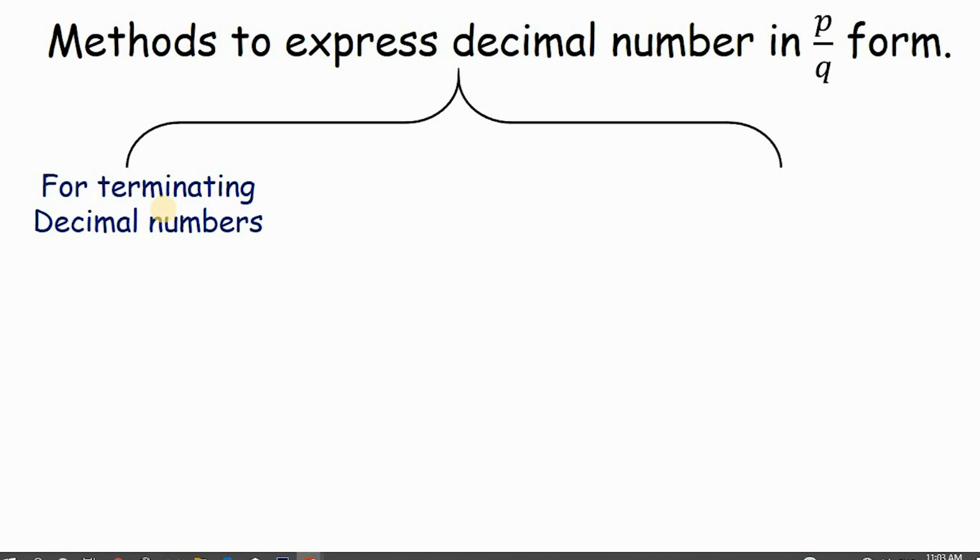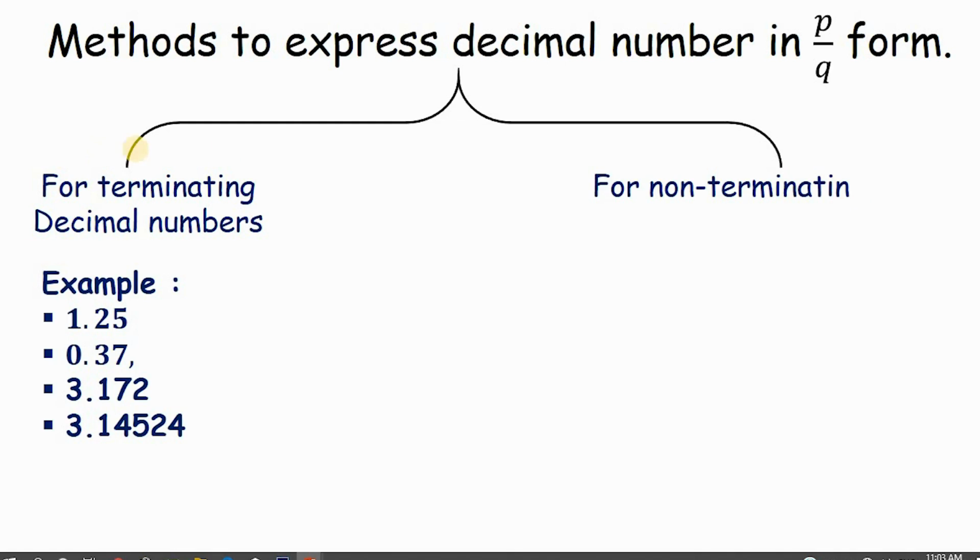Let's take a few examples, like 1.25, 0.37, 3.172 and 3.14524. In all these examples you see that the digits after the decimal point are terminating after a certain number of places.